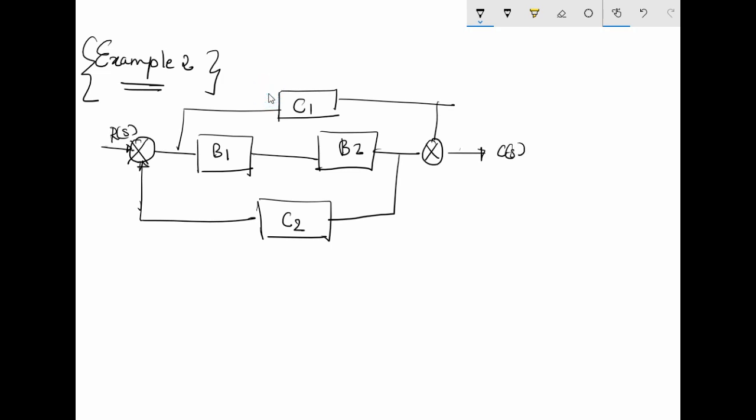Both of these are plus and plus signals, and this is a plus and this is a minus signal.